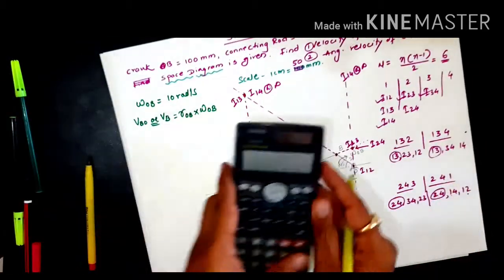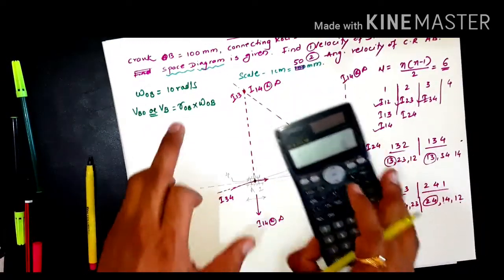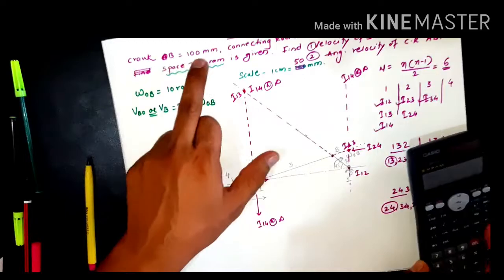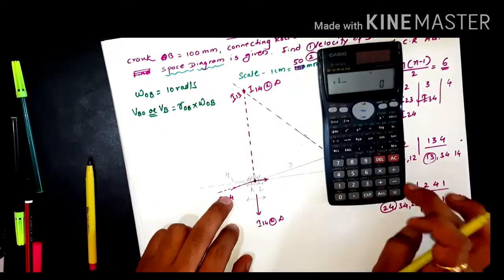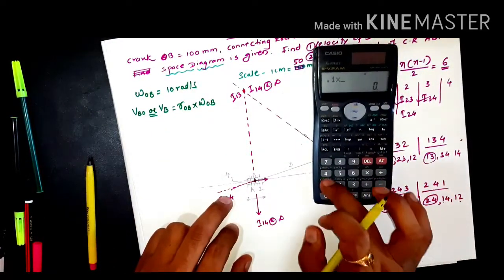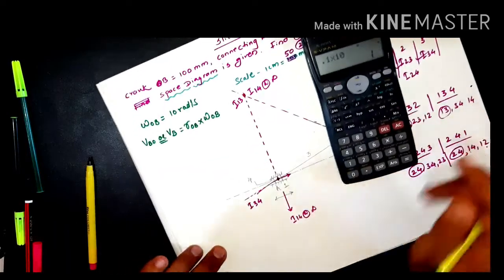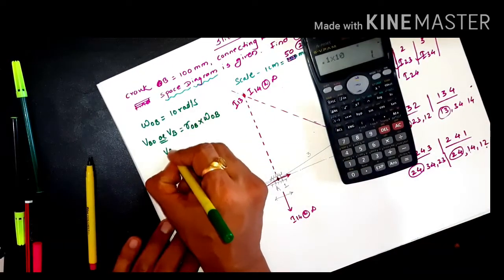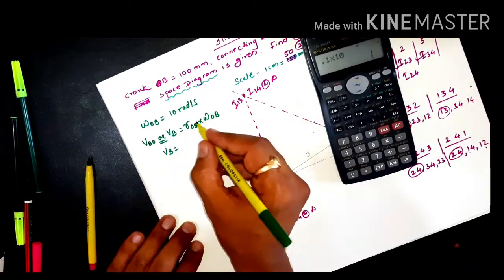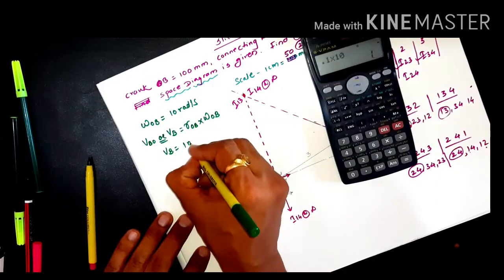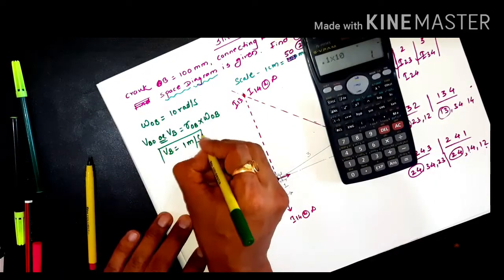Radius OB is given as 100 mm, so 0.1 meter, into omega OB, which is 10, so it is coming 1 meter per second. So absolute velocity of B will be equal to 1 meter per second.